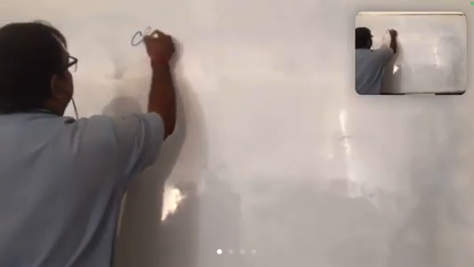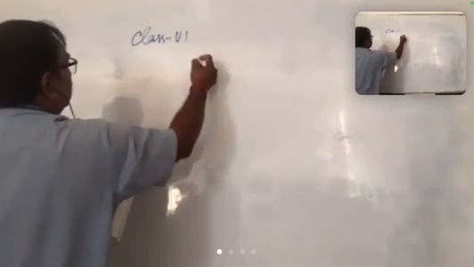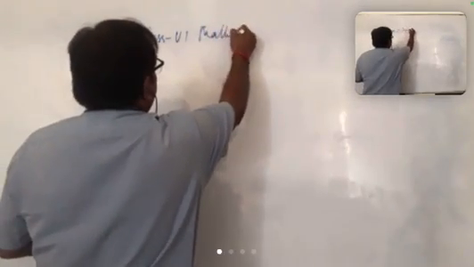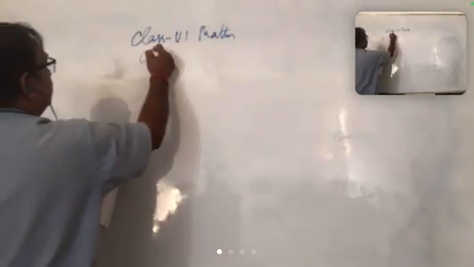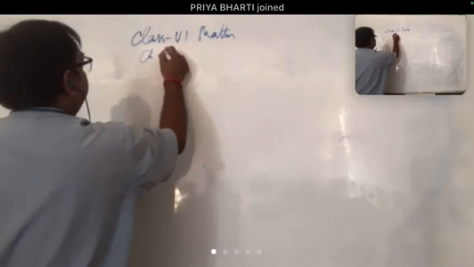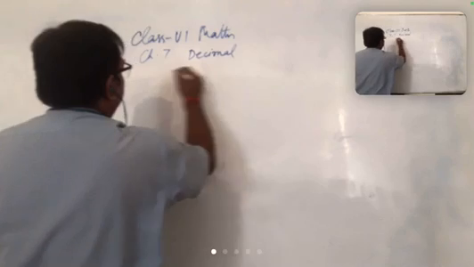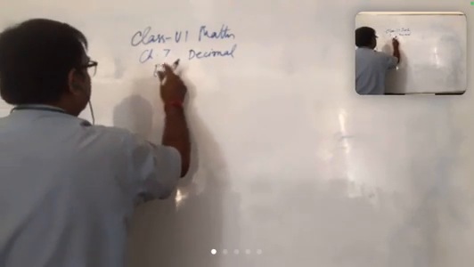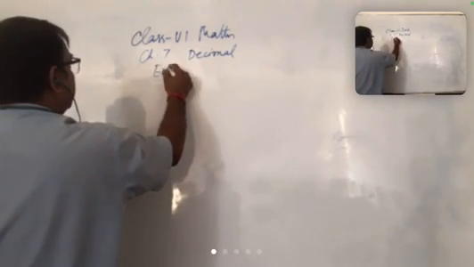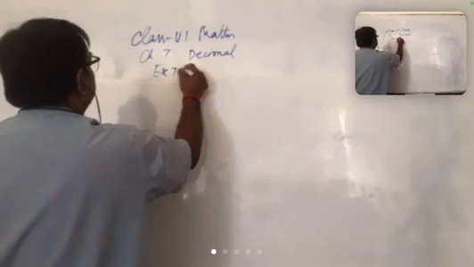Now this is the class 6 maths, chapter number 7, Decimals, and we will continue the exercise 7A.